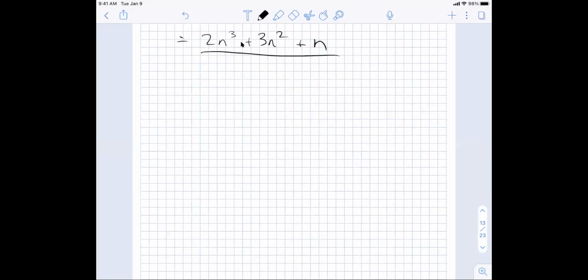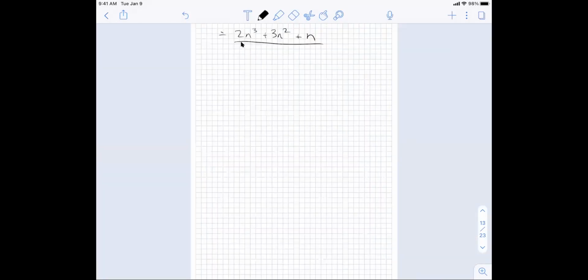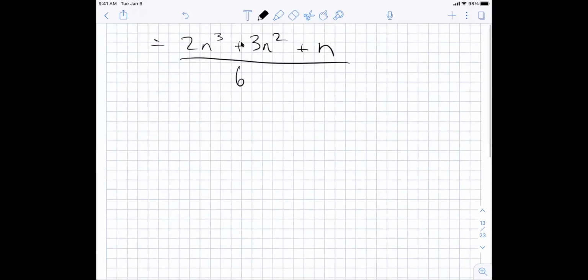And then divided by, well, 6n cubed, right? So whatever n is, that sum that we were just looking at is equal to this. Okay.